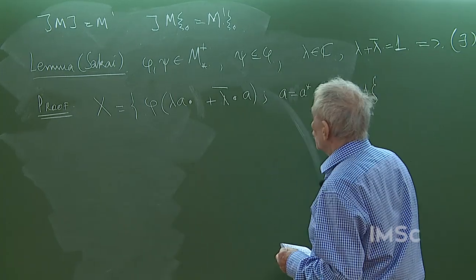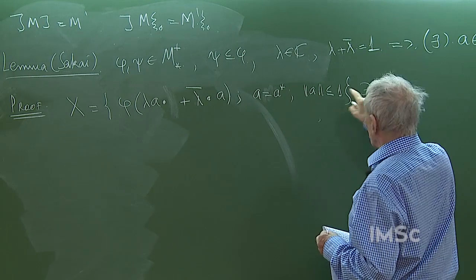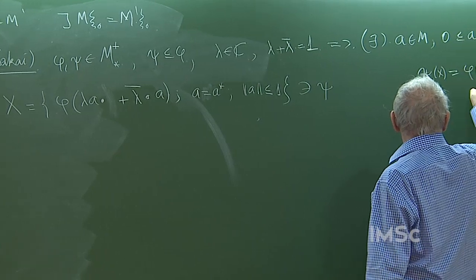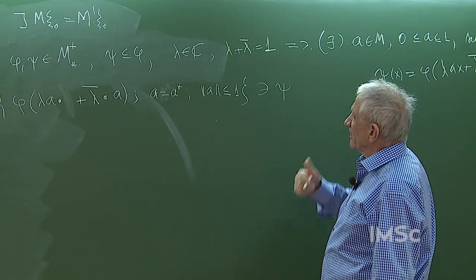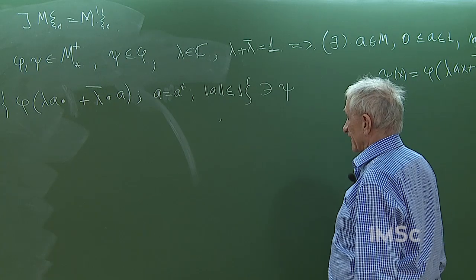And we want to show that psi belongs to this set, so we want to prove this statement in a weaker form, with a self-adjoint operator instead of a positive operator.